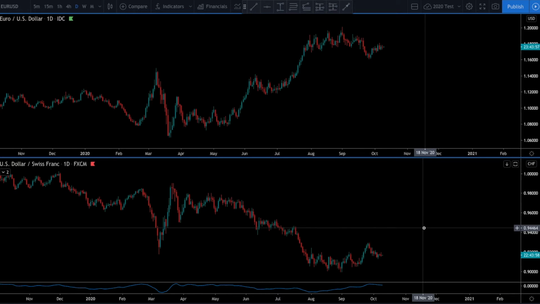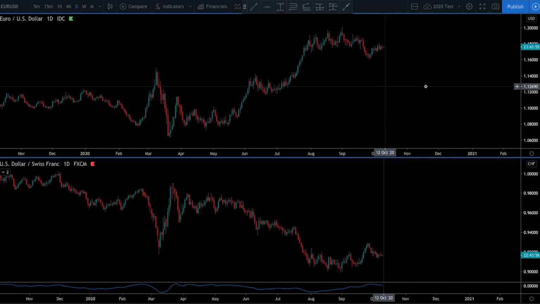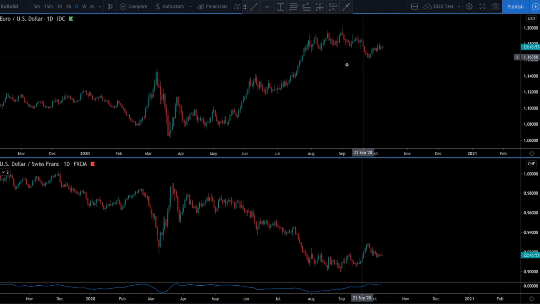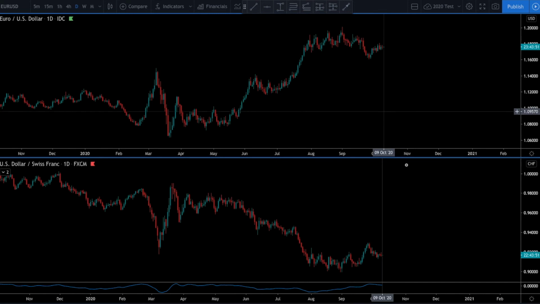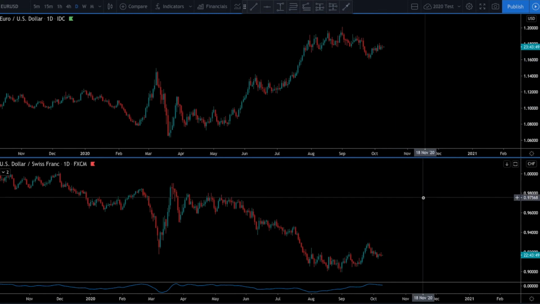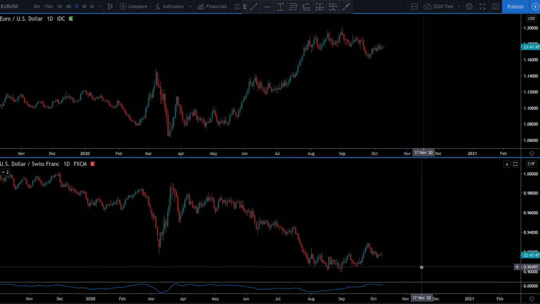So if you are long euro dollar, US dollar, and short US dollar, Swiss franc, that is like doubling your risk for that trade.